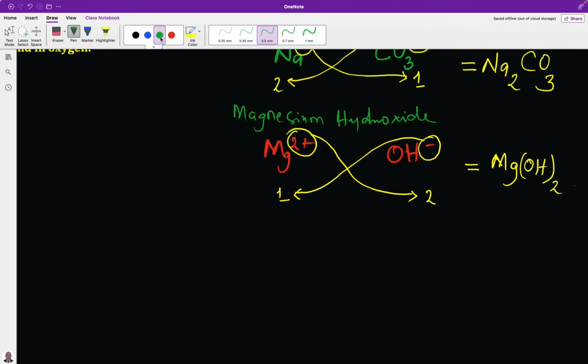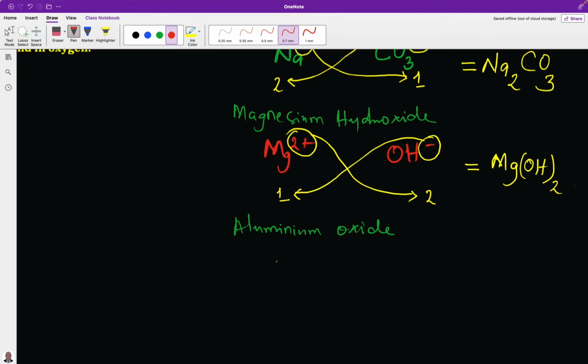It goes again with aluminum oxide. Let's write the formula.